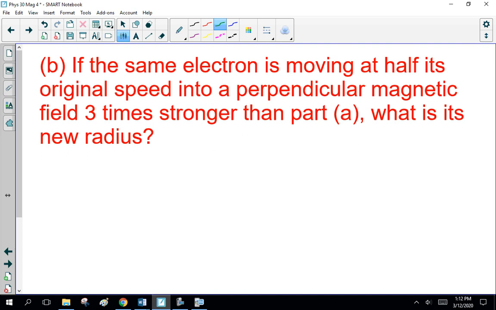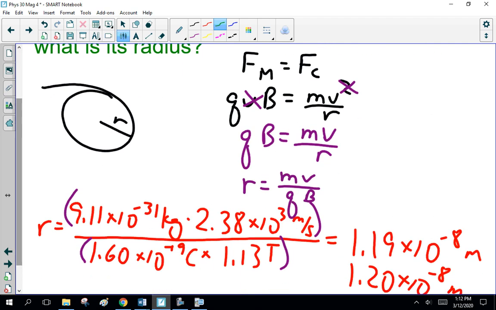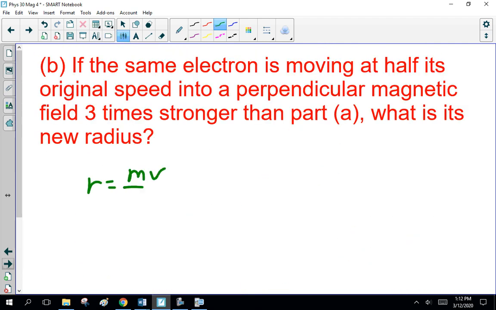All right. So R is, what did I say it was? mv over qB. No, do not memorize this version of the formula. Be able to derive it.